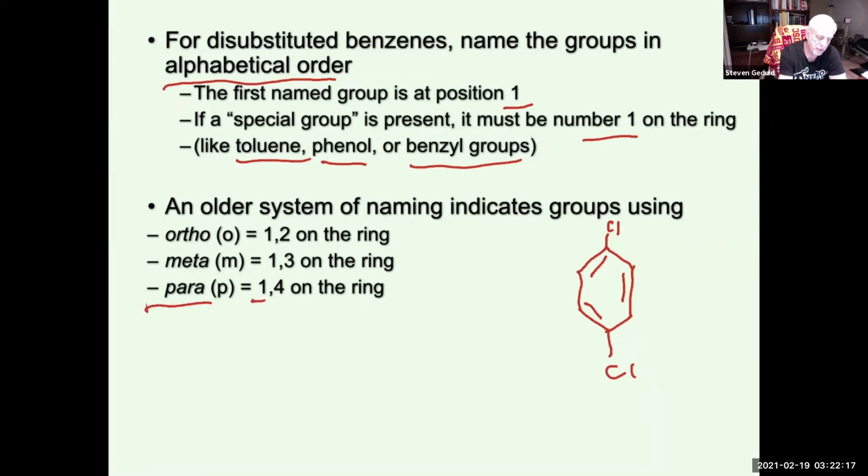It's at the number 1 and number 4 positions on the ring. If you count the ring, you do 1, 2, 3, 4, 5, 6 carbons. So if it's at the 1 and 2 positions, it's ortho. The 1 and 3 positions, it's meta. The 1 and 4 position, it's para. So ortho, meta, and para.